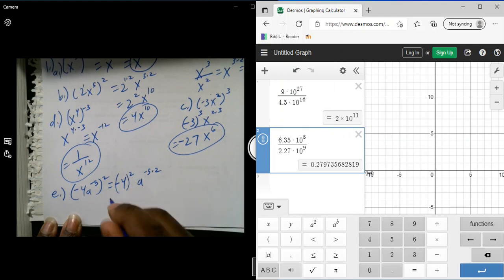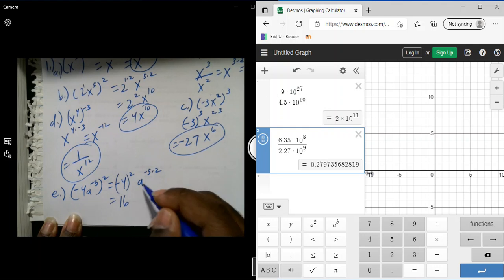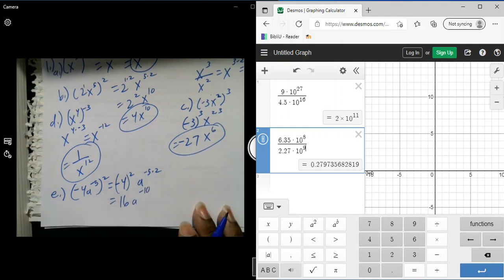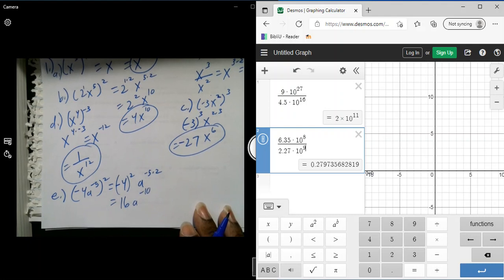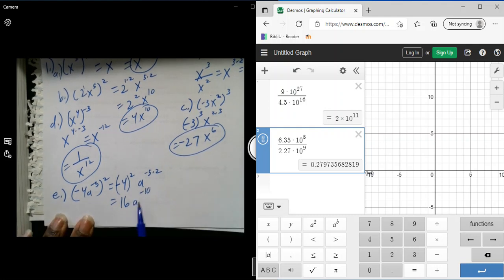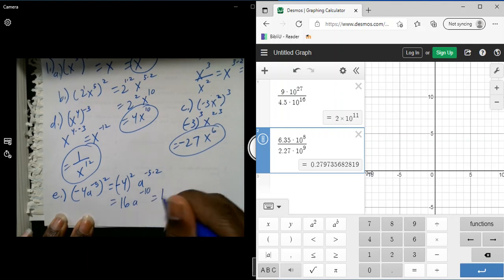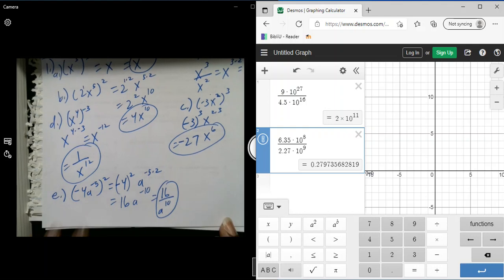Negative 4 to the second power is positive 16. So this would be a to the negative 10, because negative 5 times 2 is negative 10. And since it is a to the negative 10, that means this would go to our denominator. So it'd be 16 over a to the 10th.